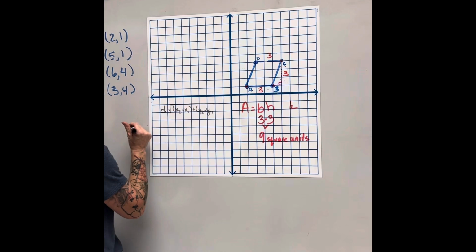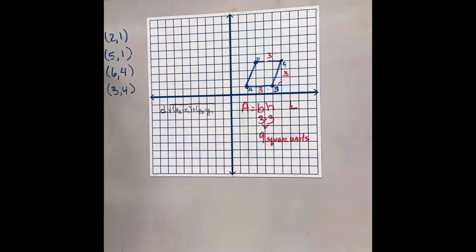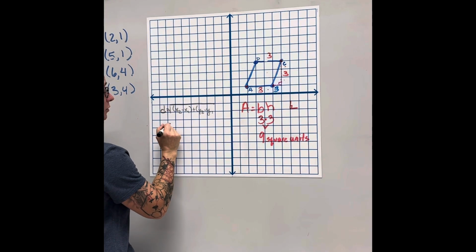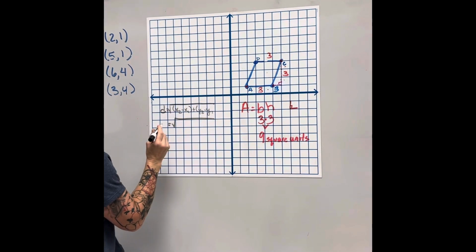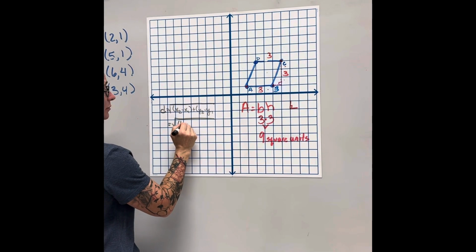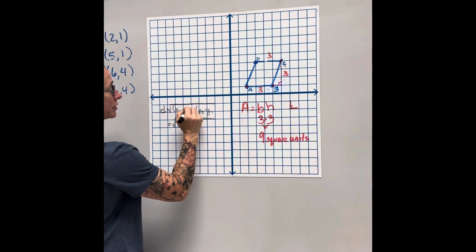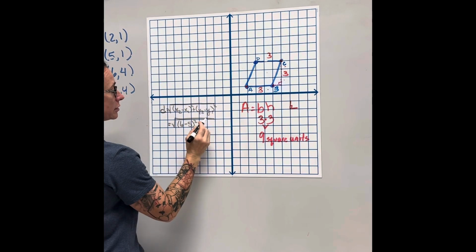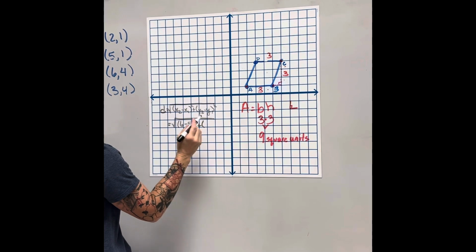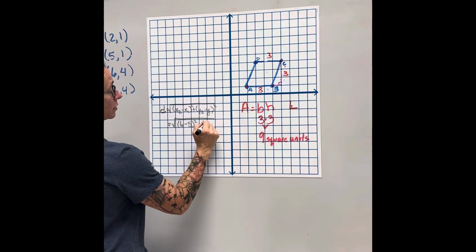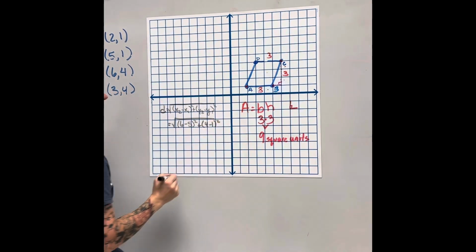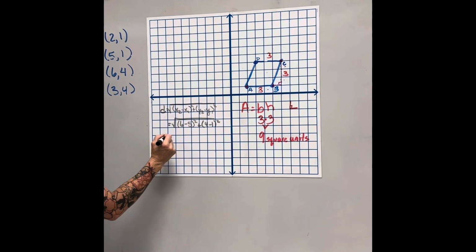So this is equal to the square root of 6 minus 5 squared, I forgot the squared, plus 4 minus 1 squared.